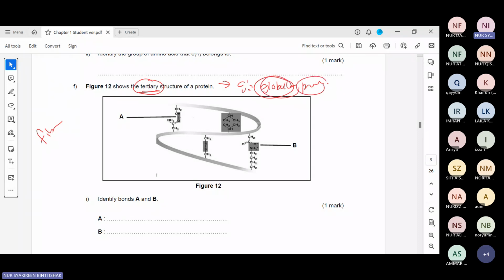Globular proteins are basically proteins that have metabolic function. For example, enzymes act as catalysts to catalyze reactions inside living cells. Another example is hormones, which regulate your body function properly.